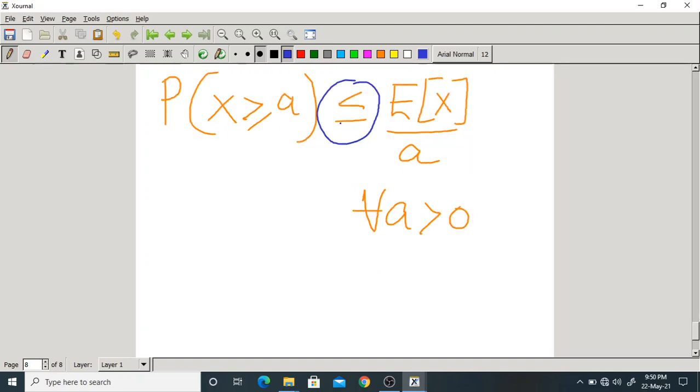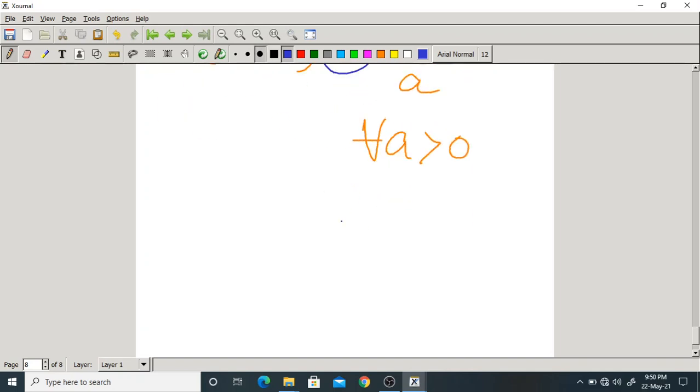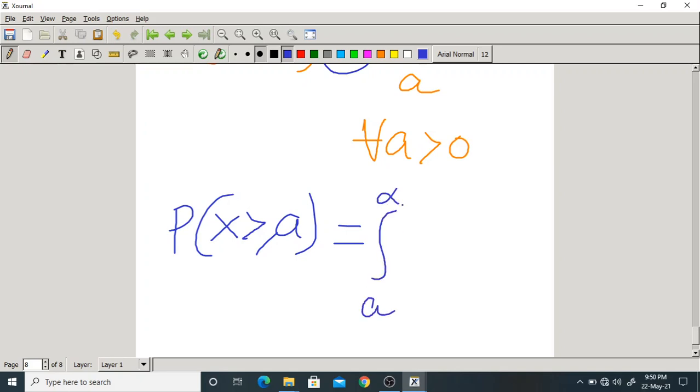Now why are these useful? First of all, to calculate the probability that x is greater than or equal to a, what formula did I tell you? It is the integral from a to infinity of fx of x dx, if it is a continuous random variable.